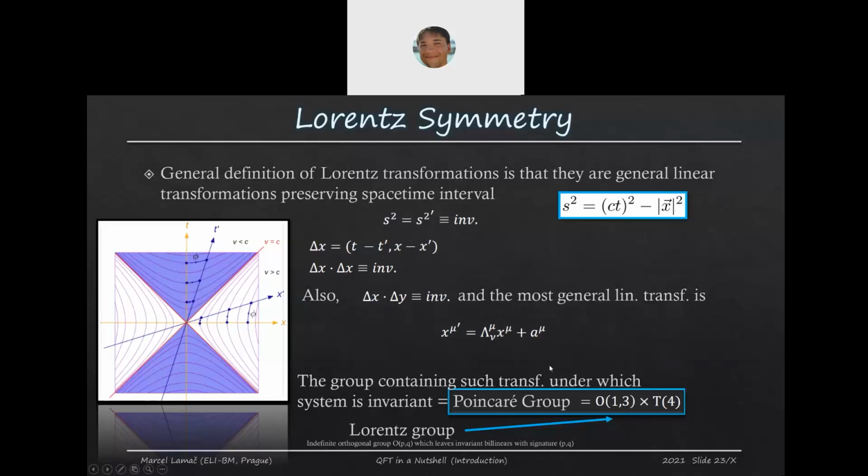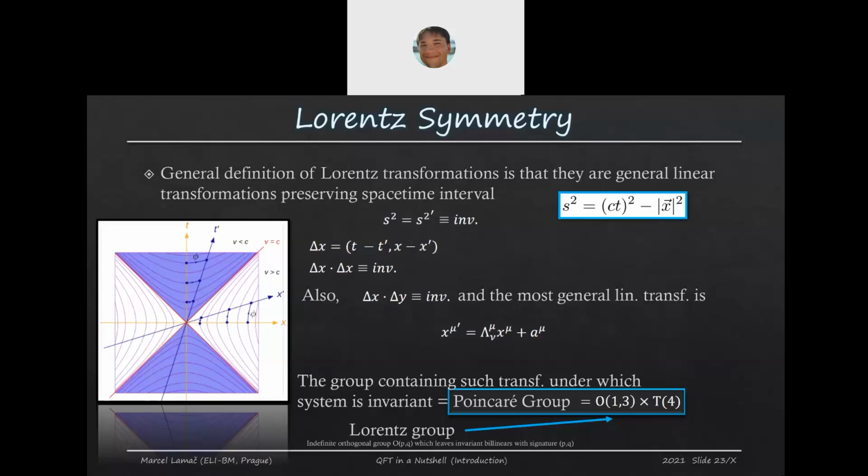So we say that the signature is (1,3), and the transformations that leave such bilinears invariant belong to the indefinite orthogonal group O(1,3). Indefinite because the signature is indefinite, in the sense that there is a different number of positive and negative signs.